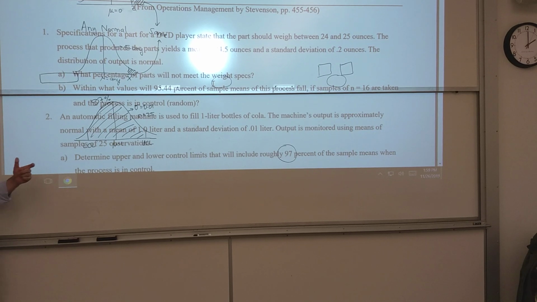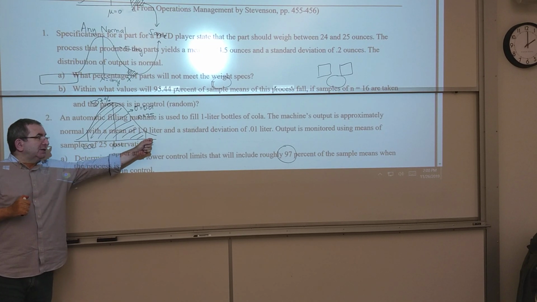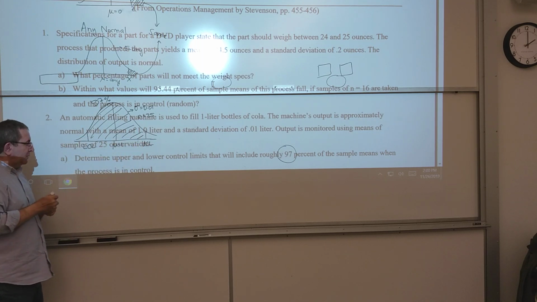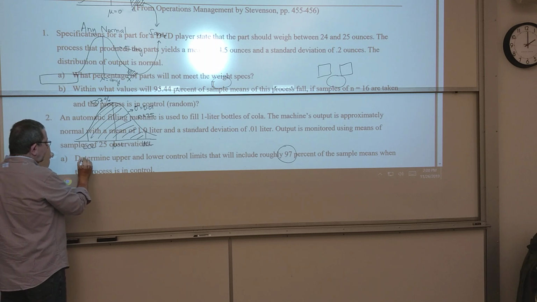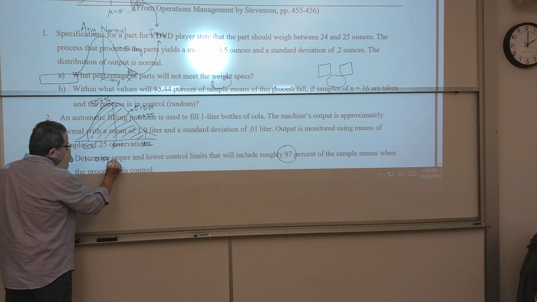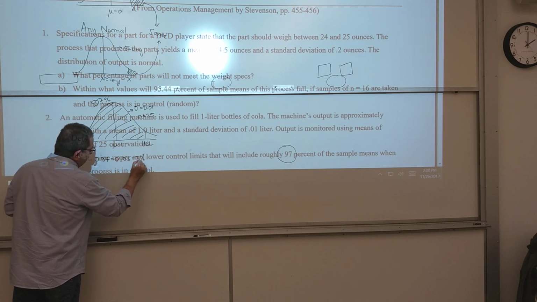So if the shaded area is 97%, the tail probabilities will be 3%. Okay. So 1 minus 0.97, the tail probabilities will be 0.03 or 3%.